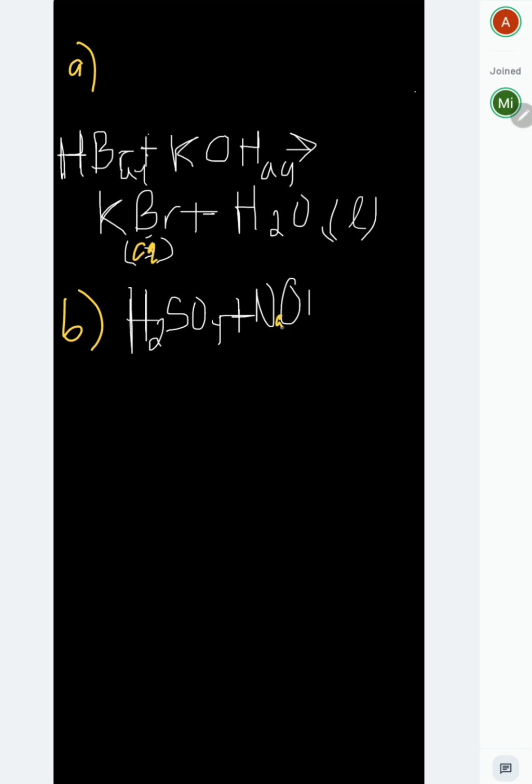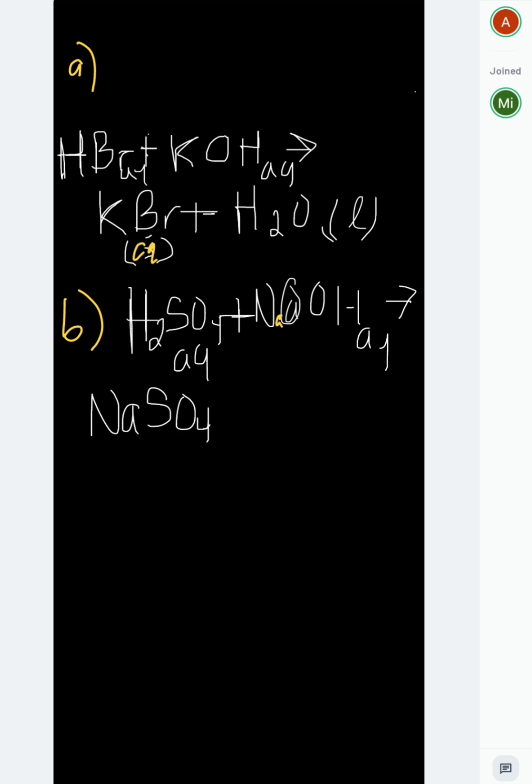What's that? Na. Yeah, what are the subscripts? Don't forget the subscript, because sodium sulfate is Na plus then sulfate.